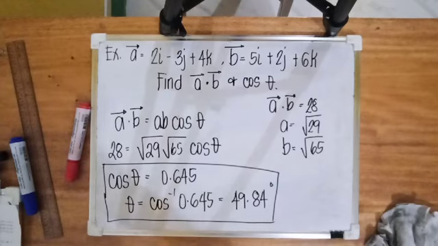And that's how you solve the scalar dot product of our two vectors for example number 1.